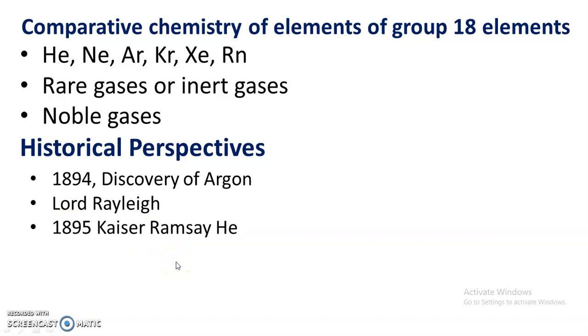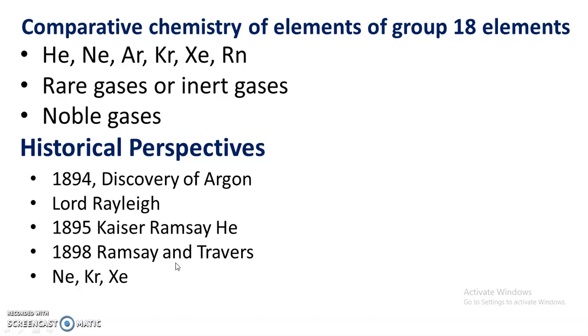Then in the year 1895 the existence of helium in the atmosphere was pointed out by Kaiser, and later on Ramsay identified this element as helium on the earth's crust or atmosphere.